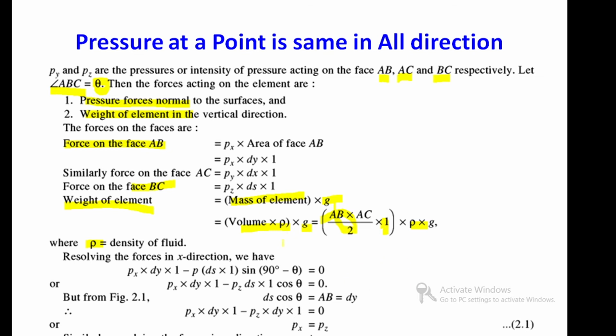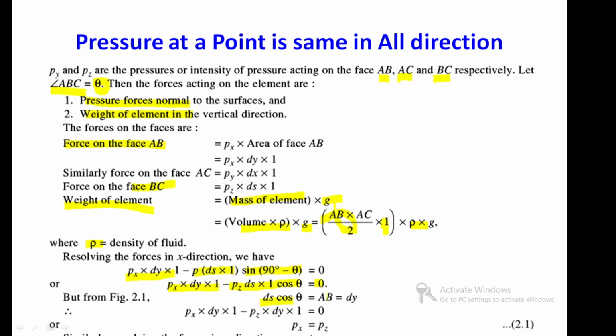So Px dy 1 minus Pz ds 1 sin of 90 degrees minus theta. This is the horizontal component, and sin of 90 degrees minus theta is cos theta. Here Px into dy 1 minus Pz ds 1 cos theta equals 0.